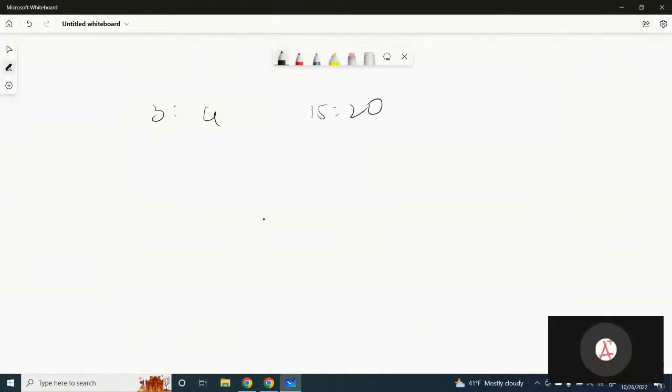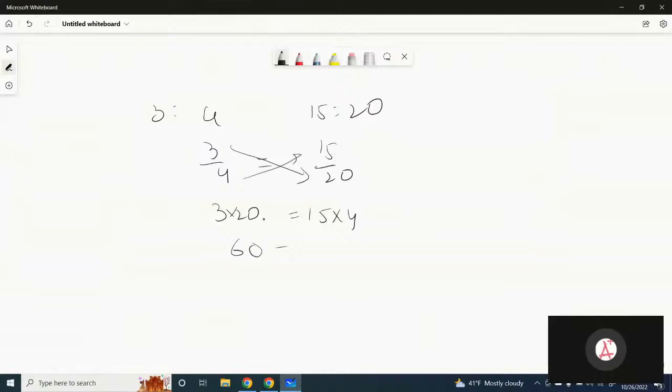Just write them in fractional form. It would be 3 by 4 and 15 over 20. Just put an equal sign. Let's do 3 times 20 and 15 times 4. So 20 times 3 is 60 and 15 times 4 is 60. See, they are equal. That means yes, both the fractions are equivalent. Got it?